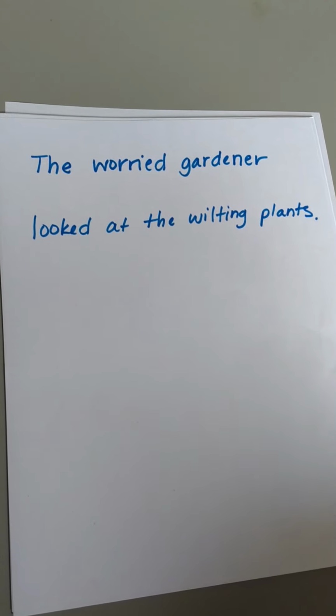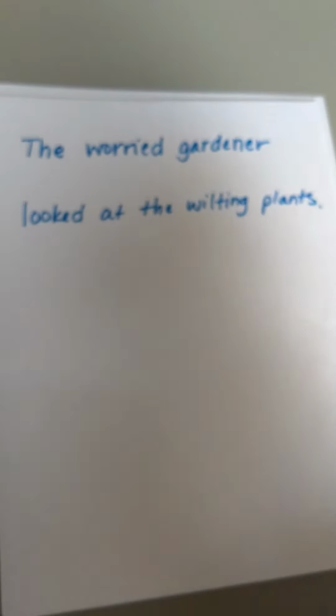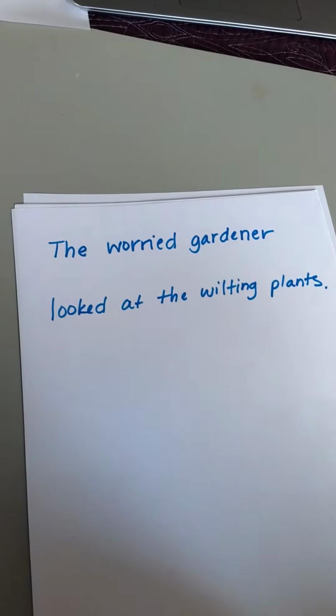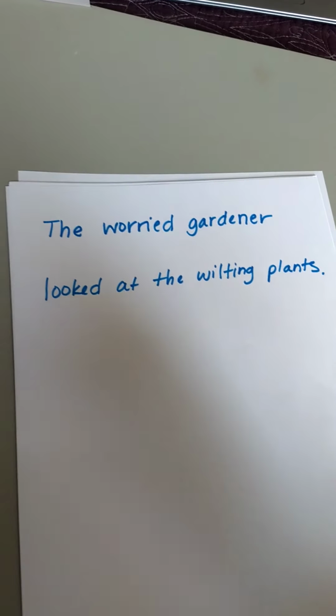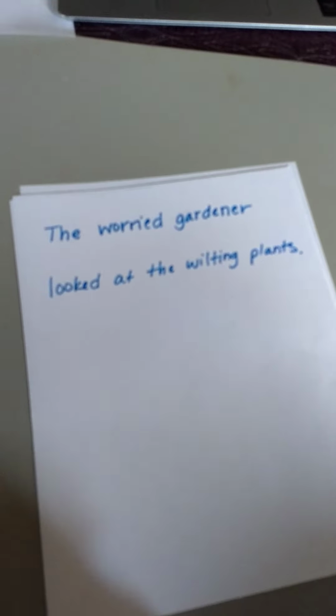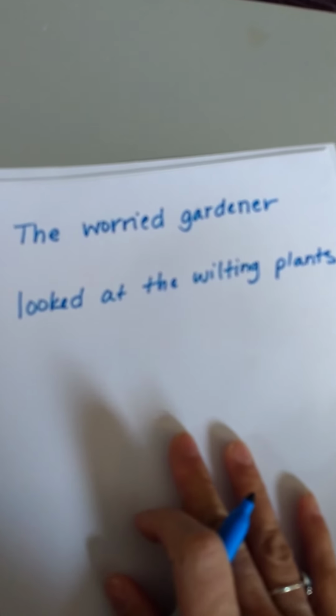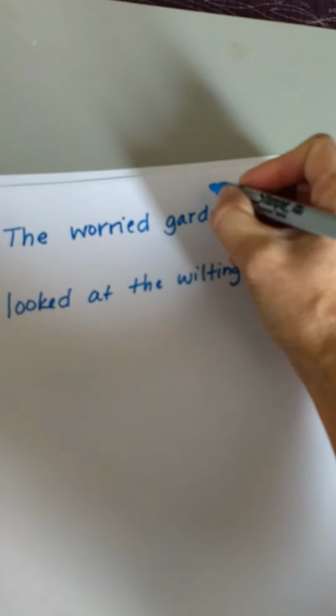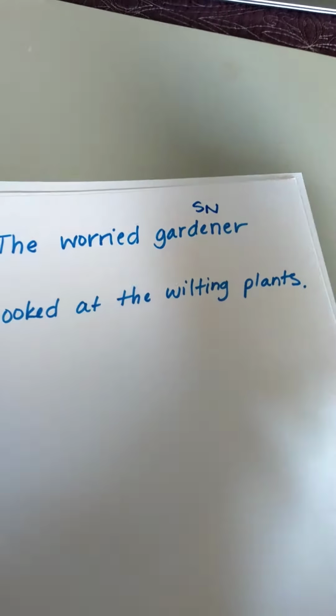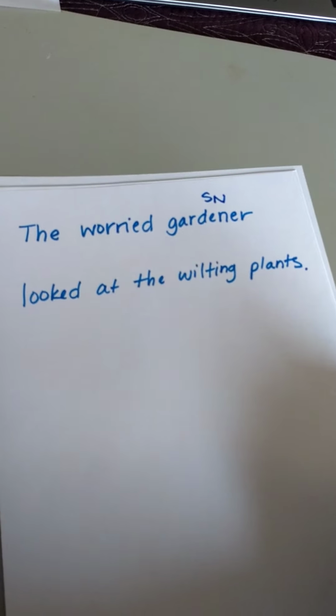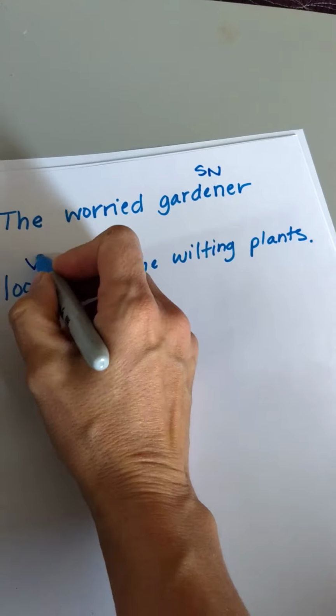So here's an example. The worried gardener looked at the wilting plants. If we want to go through our question confirmation here, sorry for the focus on my video. We say, who or what is the sentence about? Gardener. Subject noun. What is being said about the gardener? He looked. Verb.